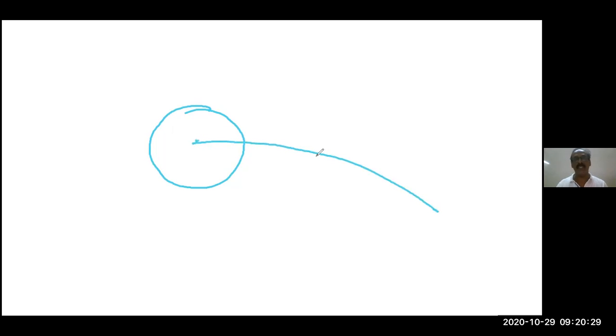Its center of gravity will move through this line. So the person who bats here can expect this ball will reach here, and he will hit it. But suddenly, without expecting, you give a spin. For example, an anti-clockwise spin.